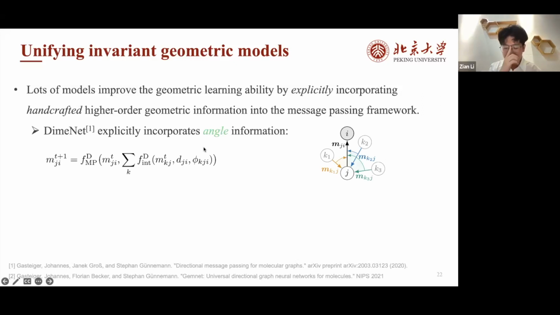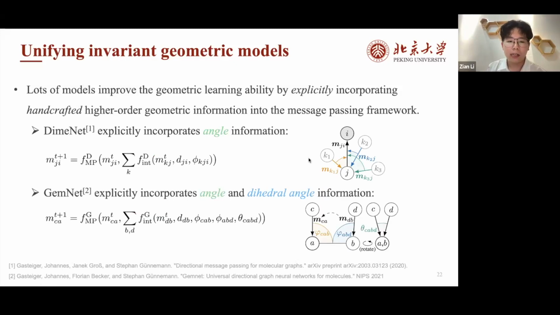And furthermore, DisGNNs explicitly incorporates both angle and dihedral angle information into its message passing. And you can see dihedral angle information here, and it calls this a 2-half directional message passing. Note that they incorporate it by explicitly designing the higher-order geometric information.